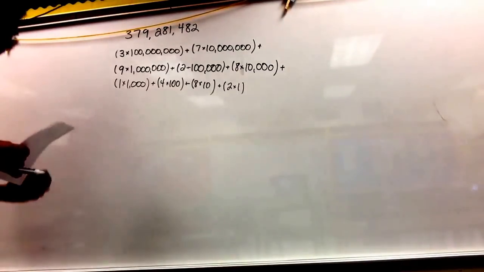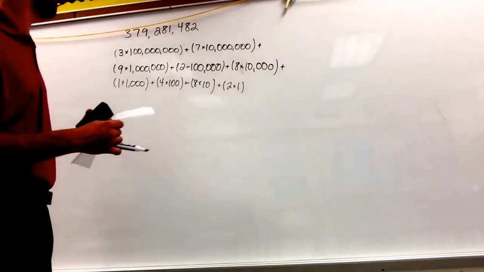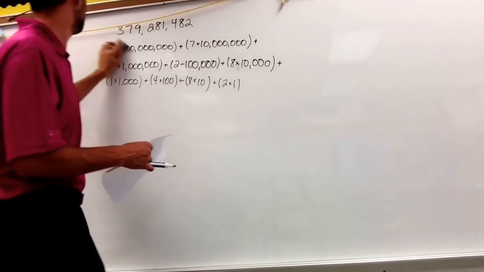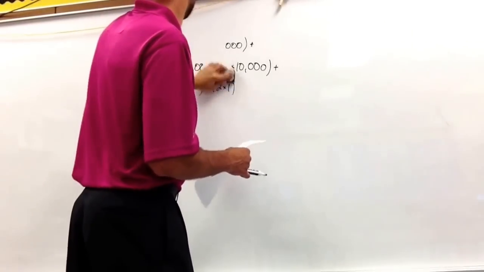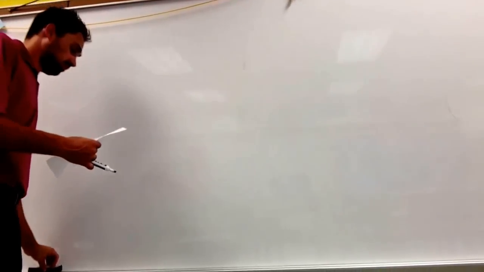The second thing that we're going to be doing with these numbers is writing them in word form. This is called standard. This is called expanded. And then if we write it in word form, it's exactly what it sounds like. We're going to write it using words.